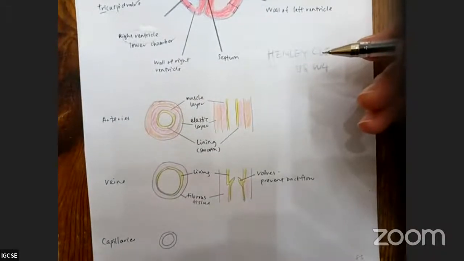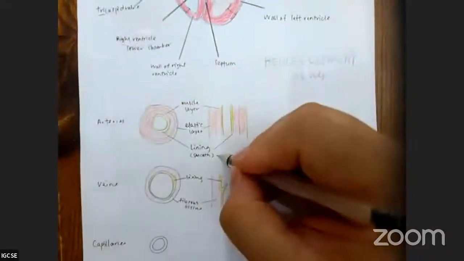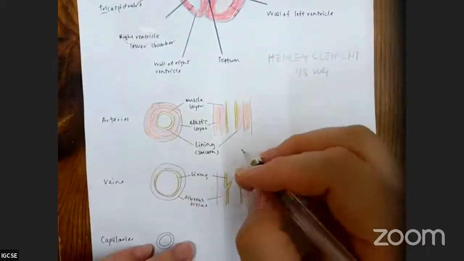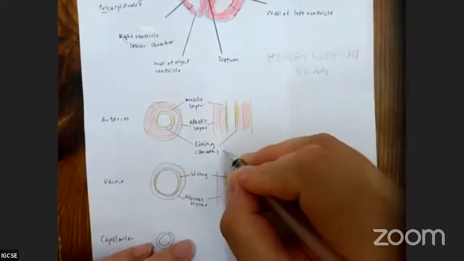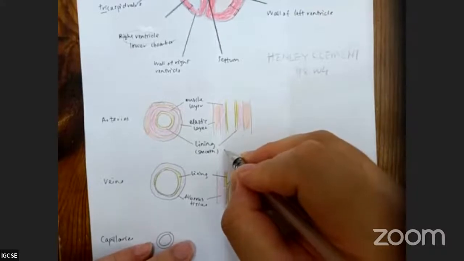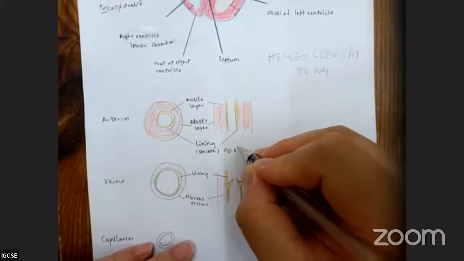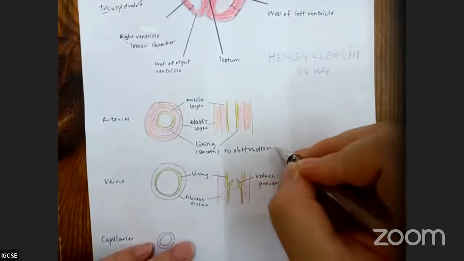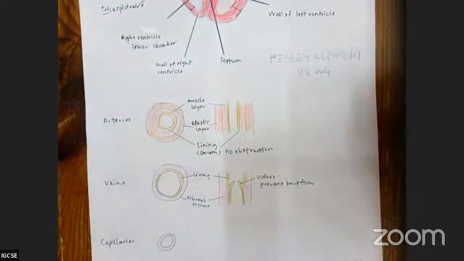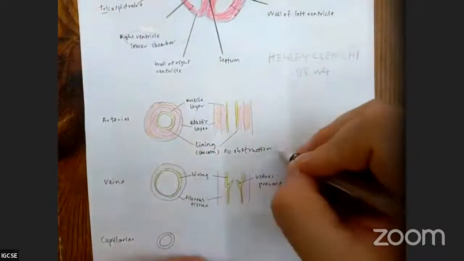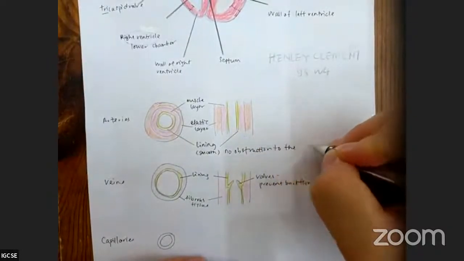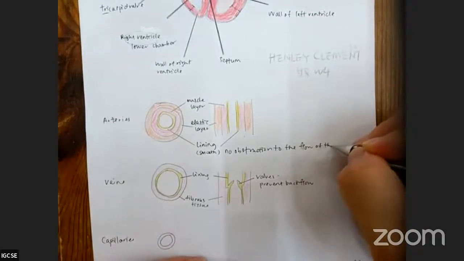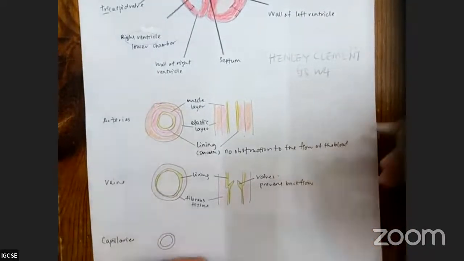A smooth lining reduces obstruction to the flow of the blood, so the blood can flow easily.